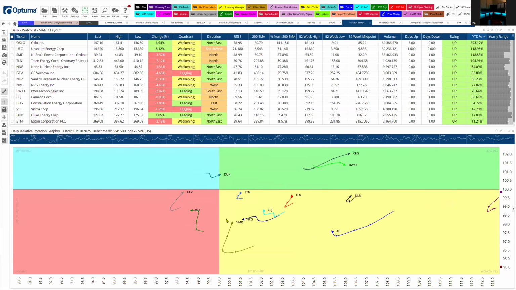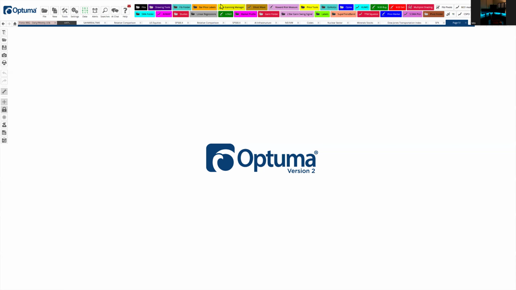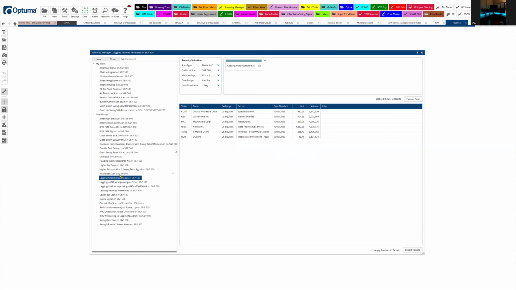Rotation. Let's see, what do we have? Leading, heading northeast. Nope, that's it. Wow. Jeez, that's a very narrow swing, the rotation.